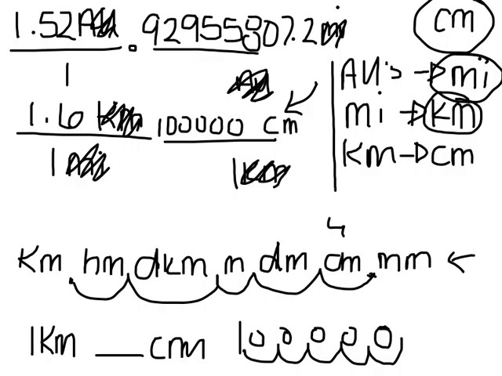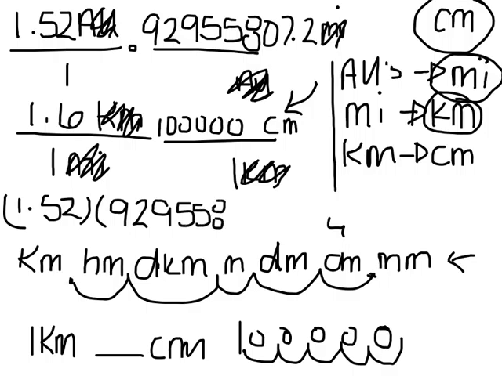So let's see. Everything on the bottom is 1, so I don't have to rewrite that. So I have 1.52 times, I know this is messy, 92,955,807. Okay, I'm going to just go on to the next.